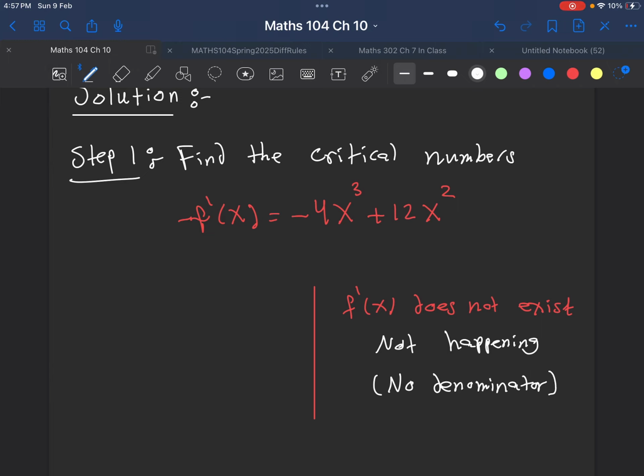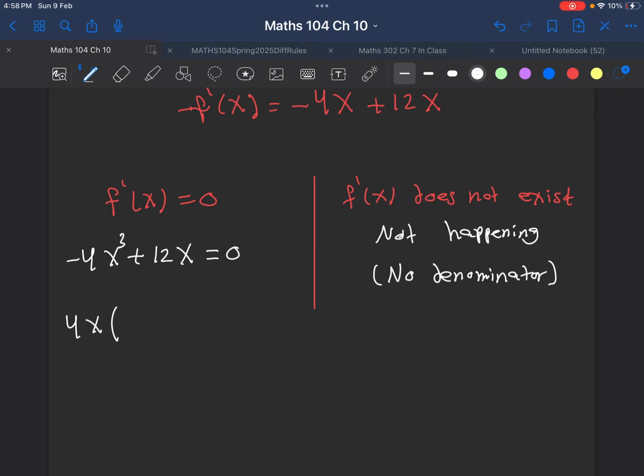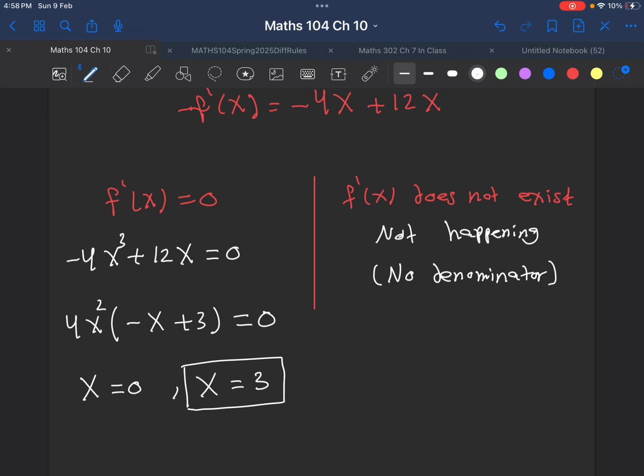The other case is where the derivative is equal to 0, which means negative 4x cubed plus 12x squared equal to 0. And here I can take 4x squared as a common factor. So we get negative x plus 3 equal to 0, which means either x equal to 0 or x equal to 3.